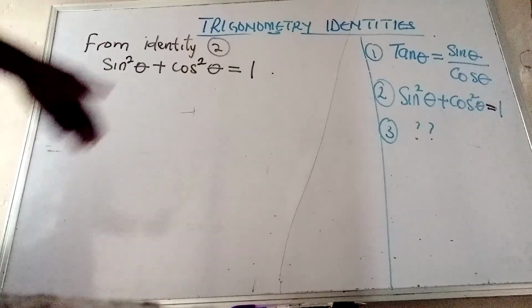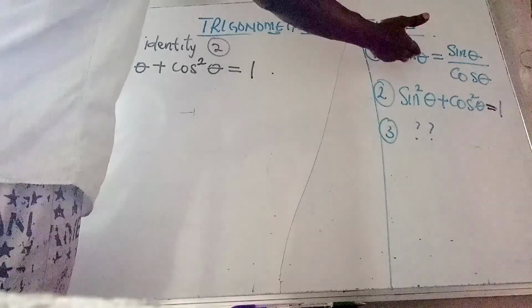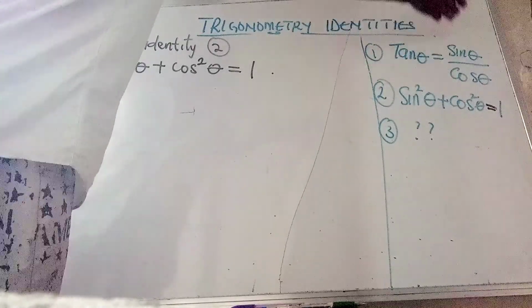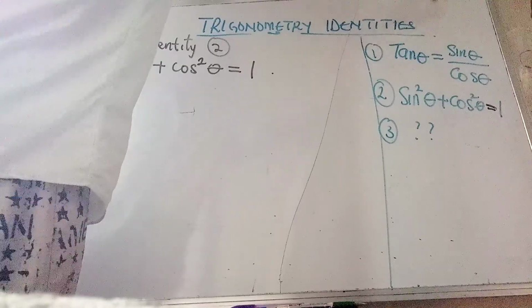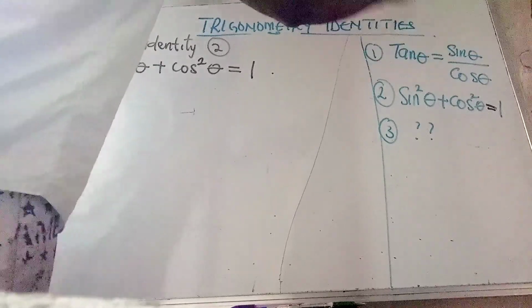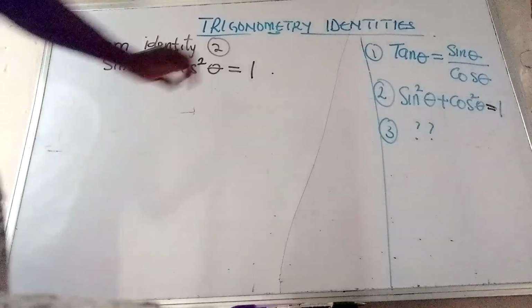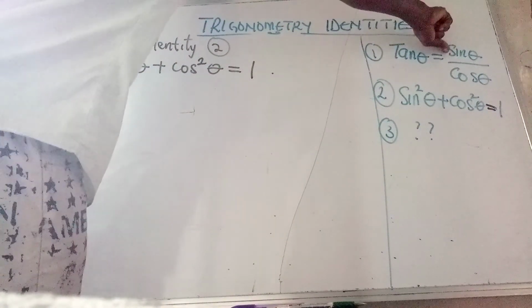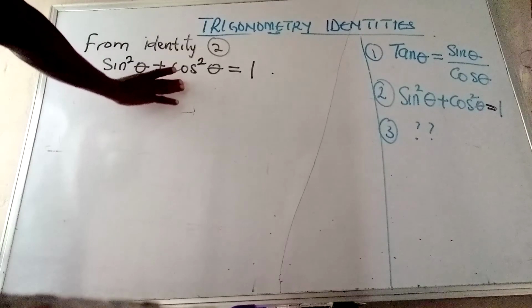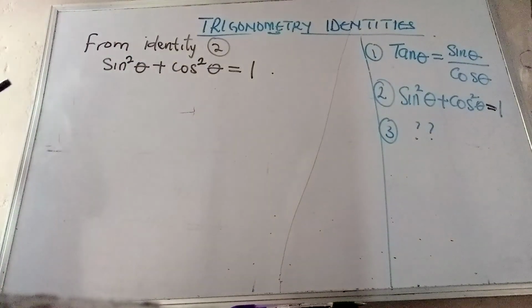Don't forget that tangent theta is the ratio of sine theta to cosine theta. That means if I want to set up sine over cosine from here, what do I need to do?